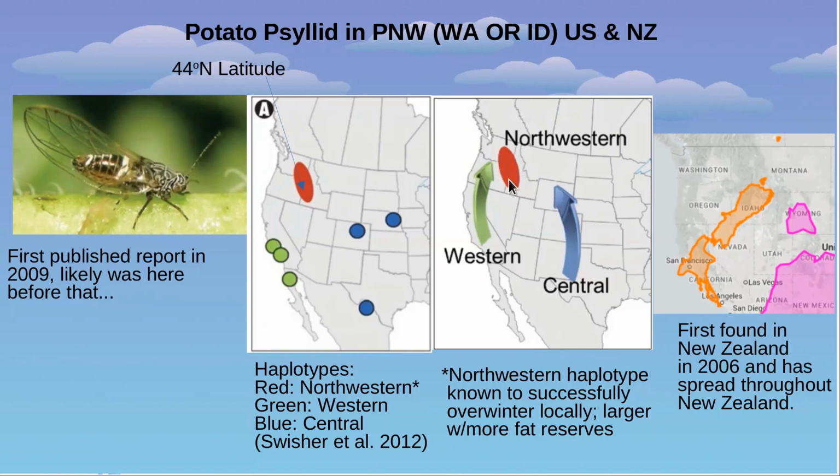So there's really a mixture of haplotypes that are found in Washington, Oregon, and an even greater mixture are found in Idaho. So the Western haplotype is on the West Coast in the South, and they migrate north each season. And so there's going to be a difference in phenology models if you were to model the central or the Western or the Northwestern haplotypes.